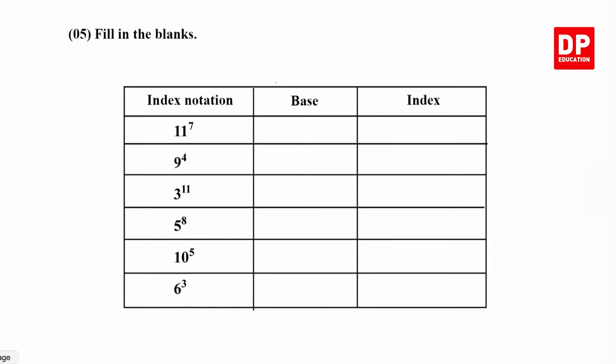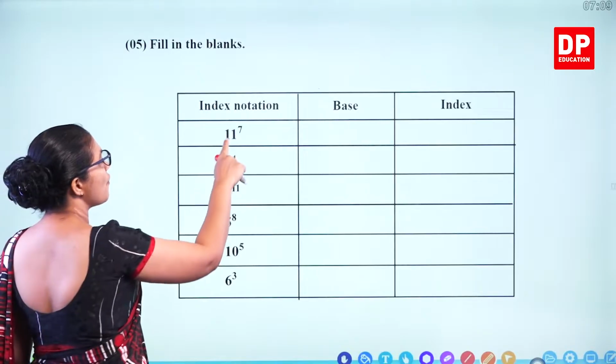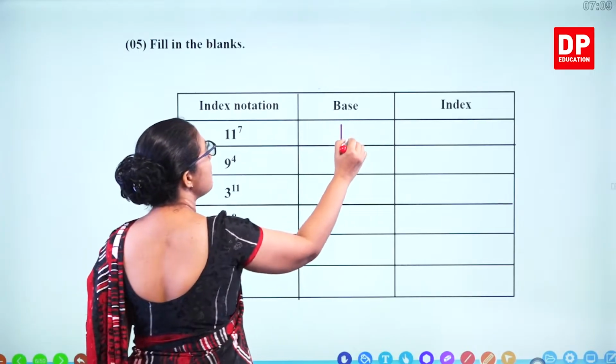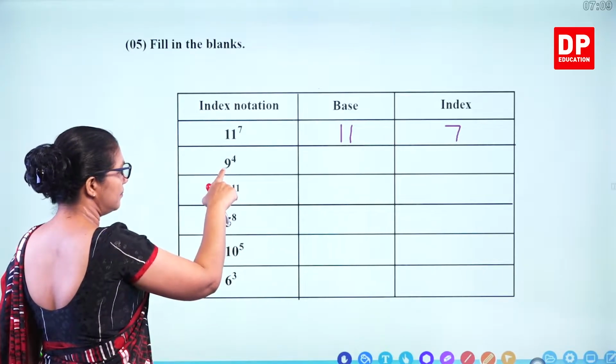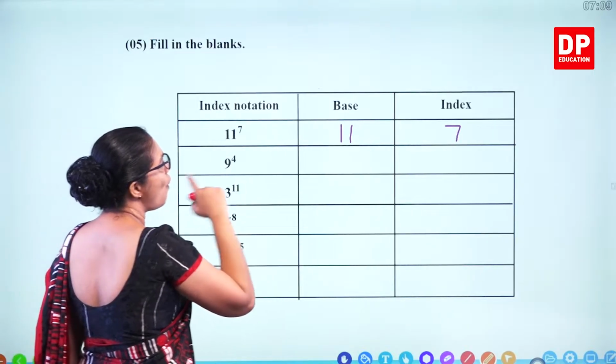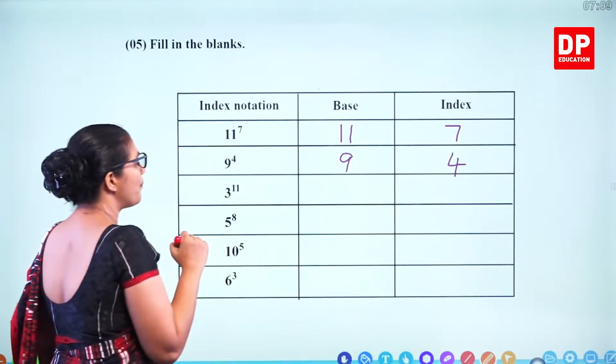Fill in the blanks. You need to identify what's the base and index. So 11 to the power of 7, base is 11, power is 7, that's the index. 9 to the power of 4, base is 9 and index is 4.